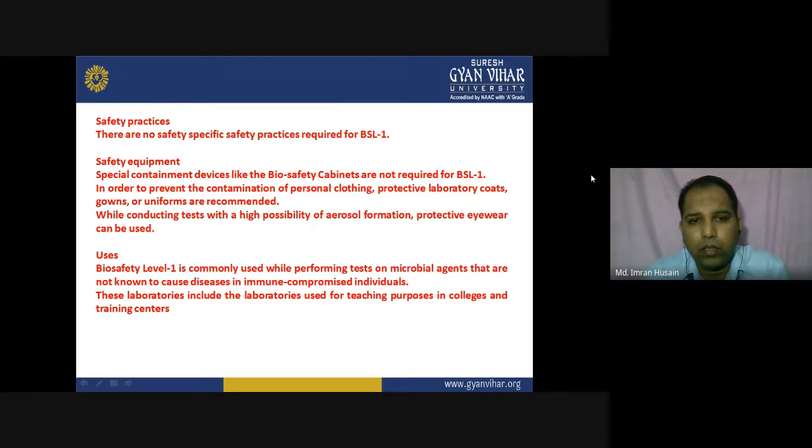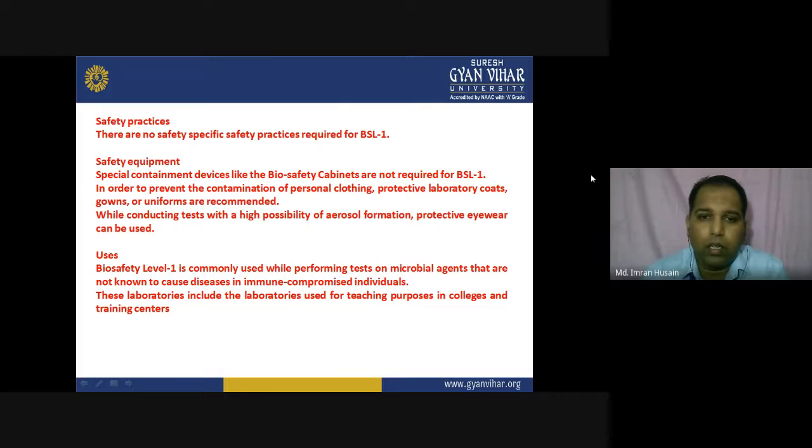While conducting tests with high possibility of aerosol formation, protective eyewear can be used. Wearing eyewear is a must whenever you are handling chemicals. Uses: Biosafety Level 1 is commonly used while performing tests on microbial agents that are not known to cause diseases in immunocompromised individuals. This is the foremost important thing when you are dealing with BSL1 laboratories.